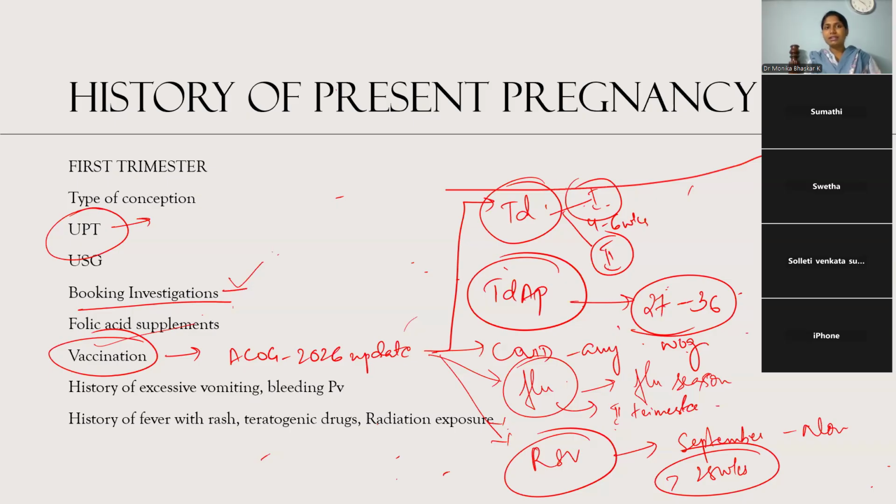And all of you know the teratogenic drugs. So there is a list of teratogenic drugs which might cause defects in the fetus and the newborn. So we have to see whether she was on any preconceptional drugs like warfarin, or whether she was on any antihypertensive drugs like ACE inhibitors or ARBs, or she was using any anticonvulsants like sodium valproate or phenytoin.